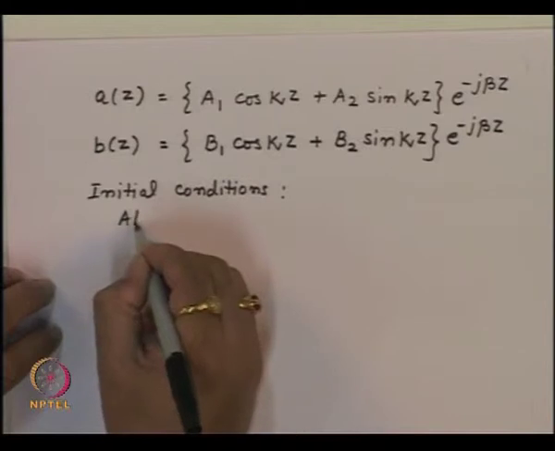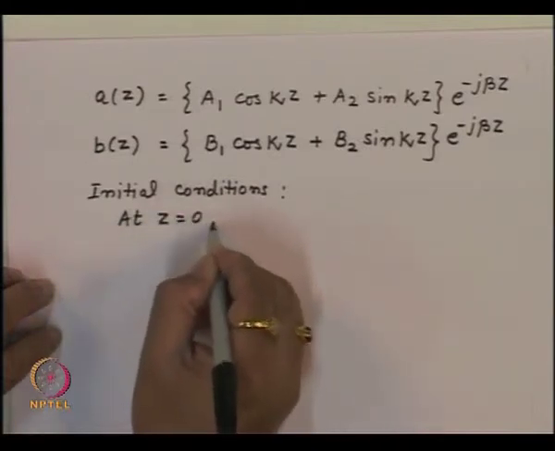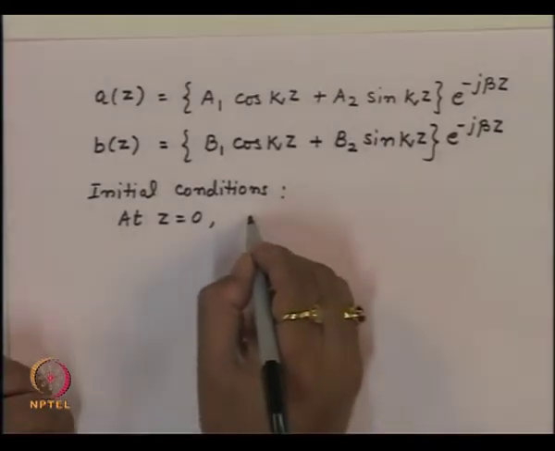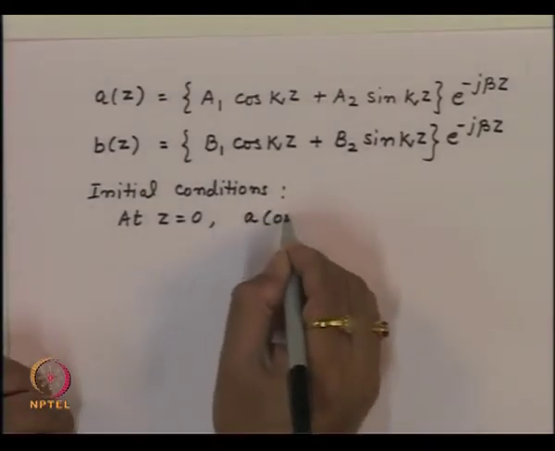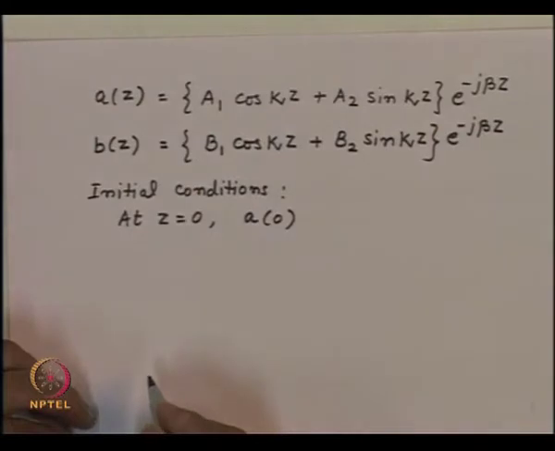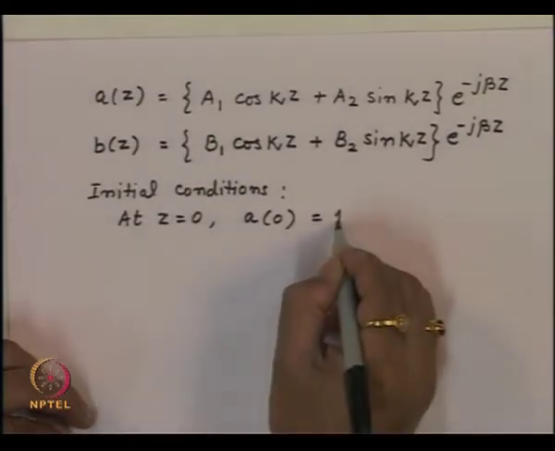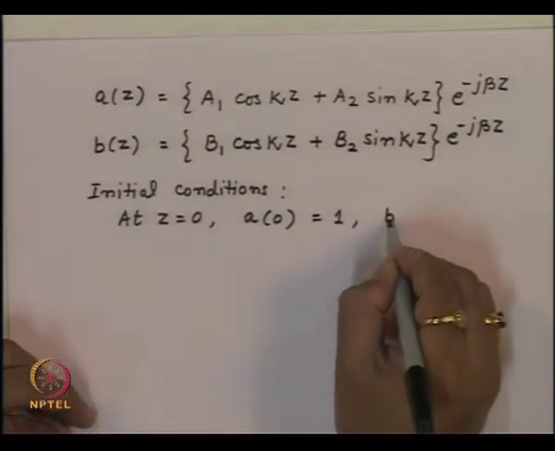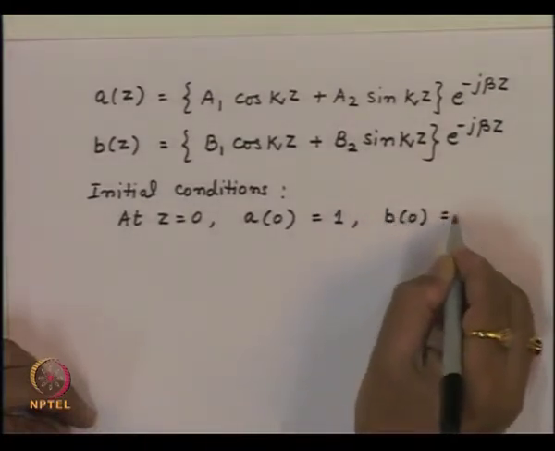That at z equal to 0, we are exciting waveguide A, so A of 0 will be equal to 1, and no excitation is given to waveguide B, so B of 0 will be equal to 0.